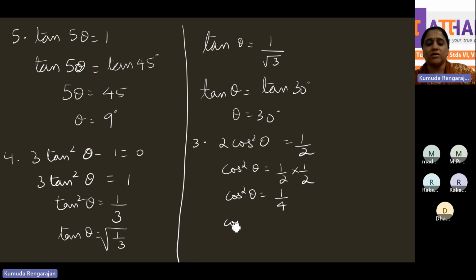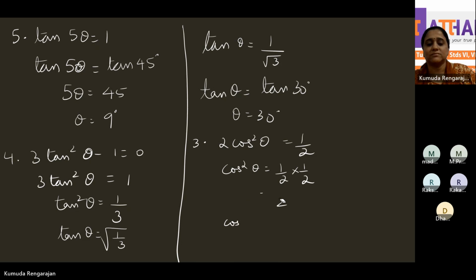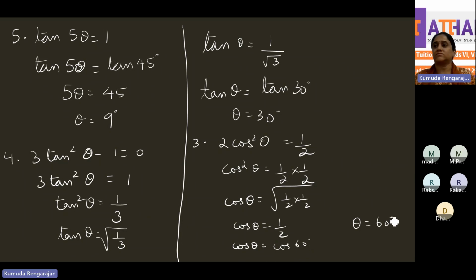So cos theta, or you don't even have to multiply, cos theta is equal to square root of 1 by 2 into 1 by 2. So cos theta is equal to 1 by 2. Cos theta is equal to cos 60 degrees. Theta is equal to 60 degrees. Correct?